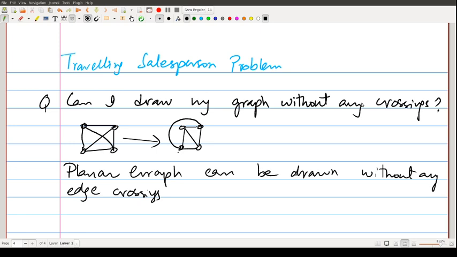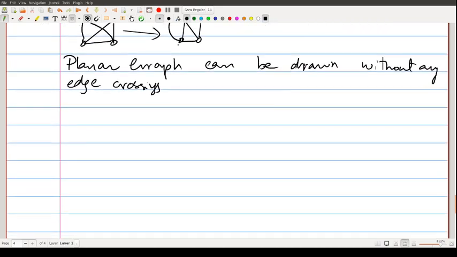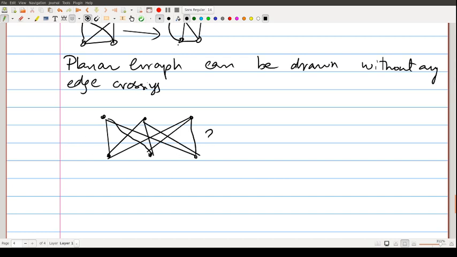Let's say, what about this one? Let's say I have a K3,3 graph, something like this. Can I draw this without any crossings? Is this a planar graph? What about this one?